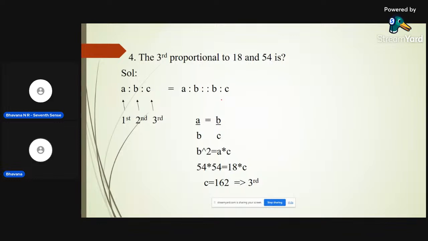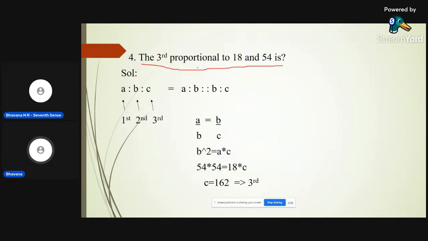Next. As we saw before, the formulas for the third proportion and the fourth proportion. Now what they have asked: the third proportional to 18 and 54 is question mark.